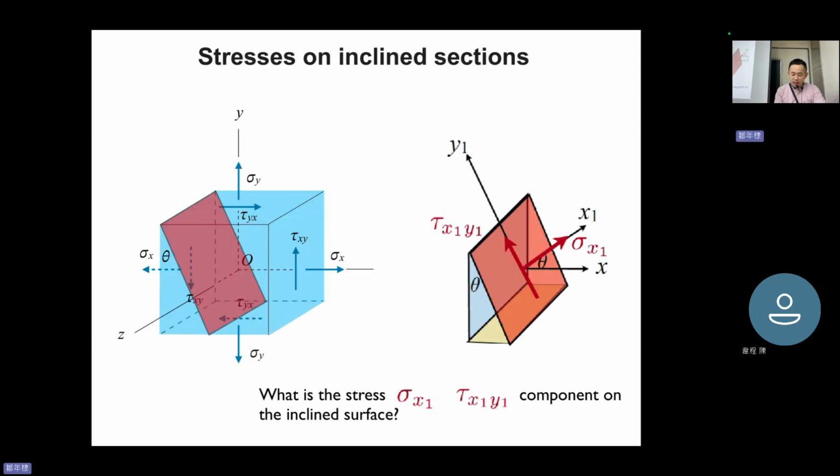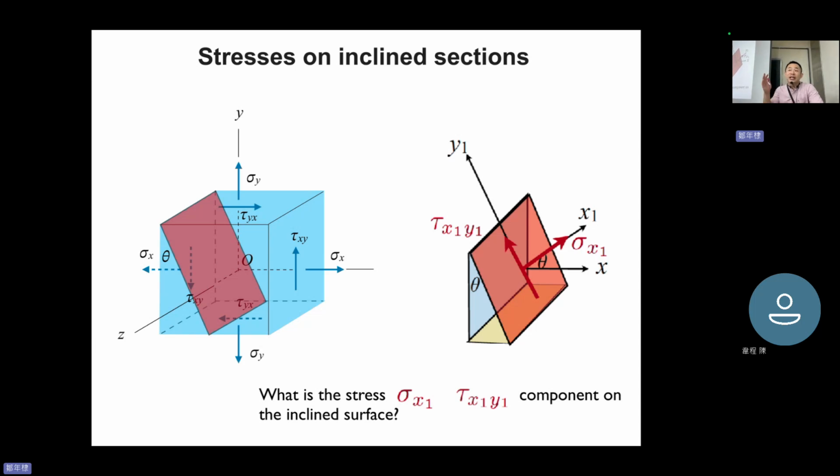So you see, you don't have tau xz, you don't have tau yz, and you also don't have sigma zz or tau zy, because if you have z in it, we don't discuss this.